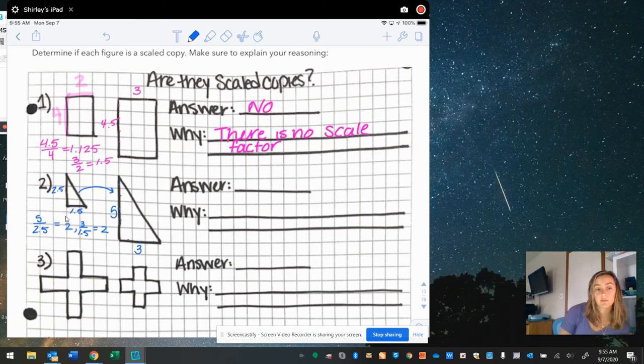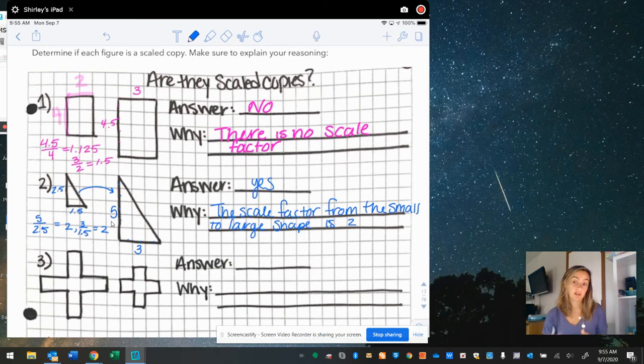So since we get the same scale factor there, I'm going to go ahead and say yes. The scale factor from the small to large shape is 2.